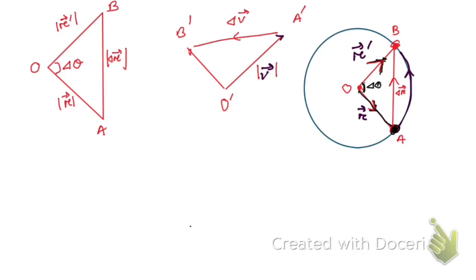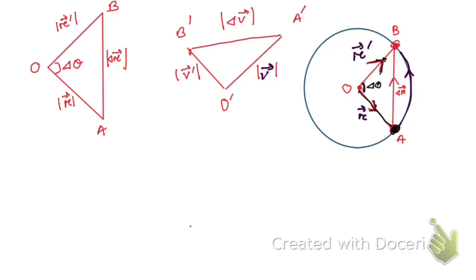So the length of O dash B dash will represent the magnitude of the V dash vector, and the magnitude of the V vector will be represented by the side O dash A dash. The magnitude of the del V vector will be represented by A dash B dash.